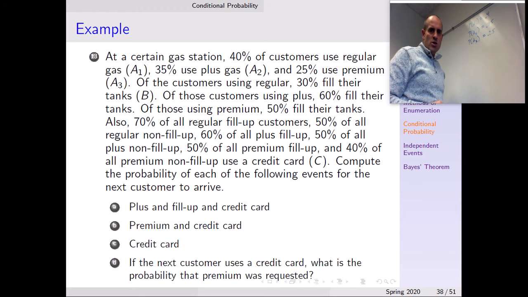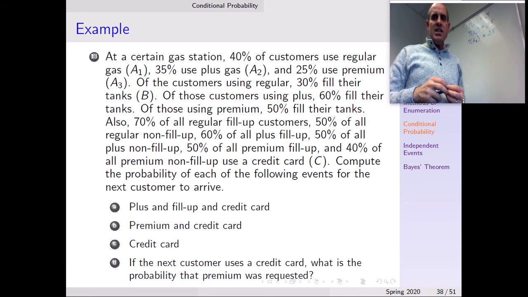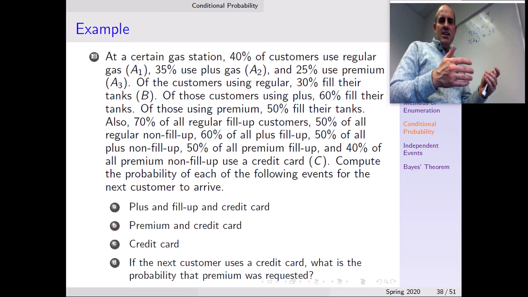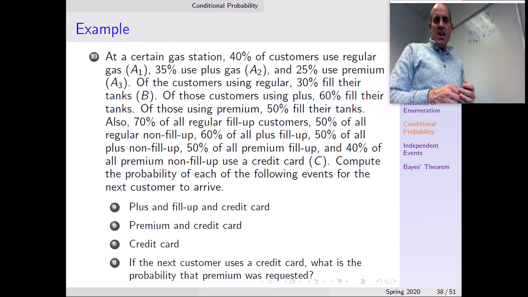What in the world is going on with these other things? Well, this is communicating conditional probabilities to us. For instance, what is the probability that a customer will fill their tank given that they use regular?